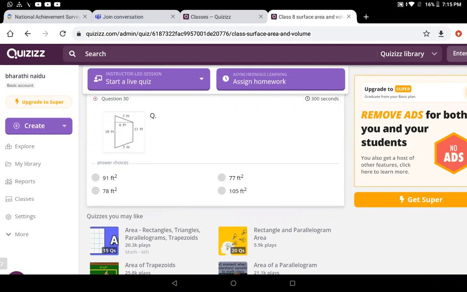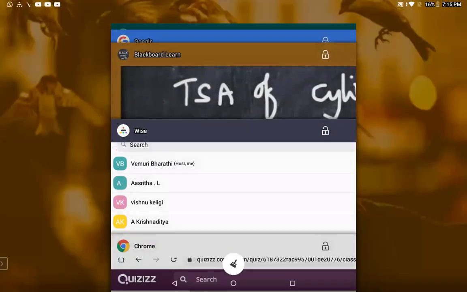Ma'am, I have a doubt about the total and lateral surface area of a cylinder. Cylinder, okay. Yeah, see, Sahu, very simple. I will just give it diagrammatically so that you never forget that part.